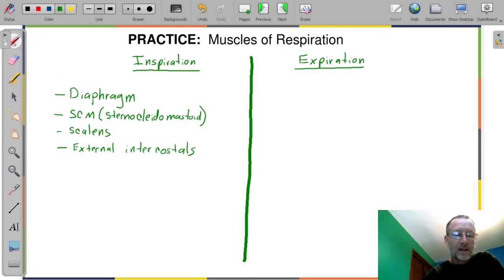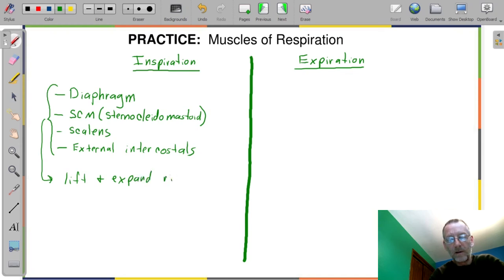And all of these lift and expand the rib cage for inspiration.